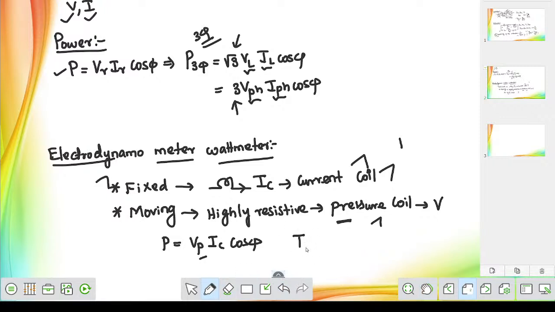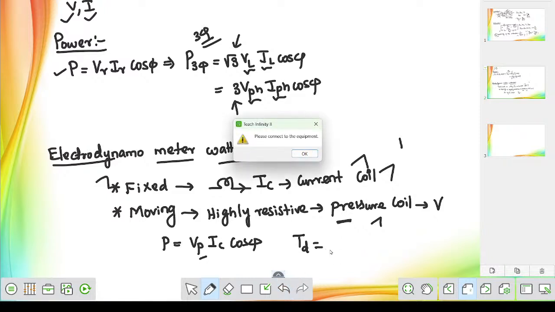As usual, this electrodynamometer also has its own deflection torque. What is the formula to obtain the deflection torque when we are observing the electrodynamometer? It has two coils, one is the pressure coil, another one is the current coil. So we will be considering the pressure coil voltage and the current coil current.